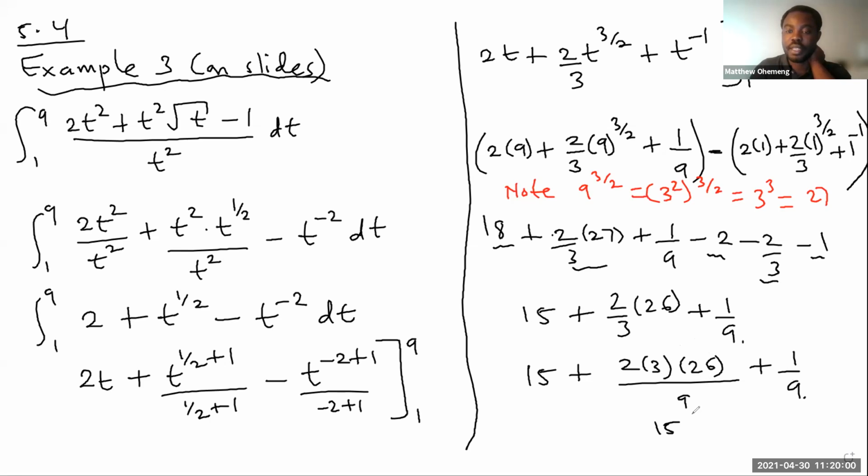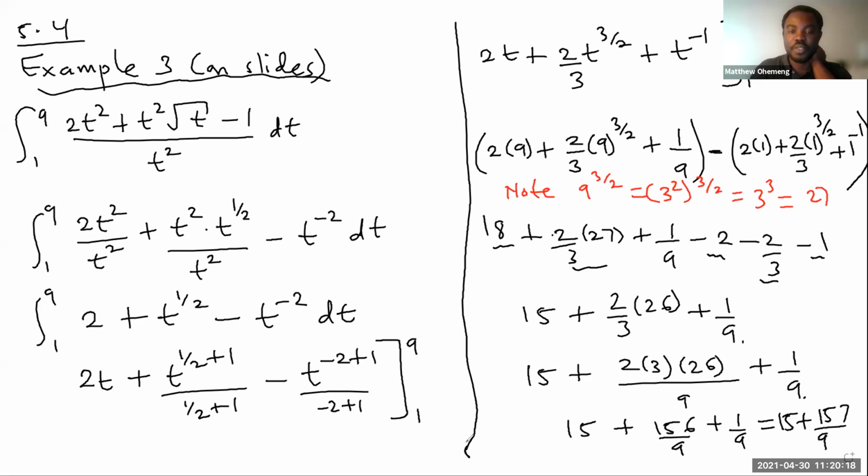So 156 over 9 plus 1 over 9 plus 15, right? So that's just going to be 15 plus 157 over 9, right?